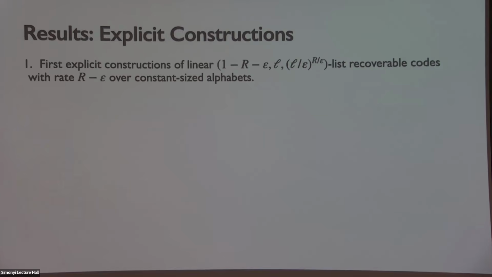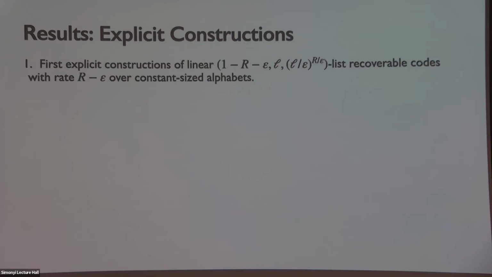And as I mentioned in the previous slides, we get the first explicit constructions of linear list-recoverable codes with that parameter. So 1 minus r minus epsilon radius, small l input list size, L over epsilon raised to r over epsilon output list size, over constant sized alphabets. Okay.